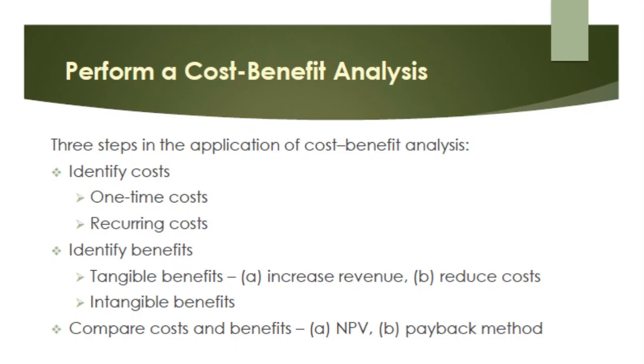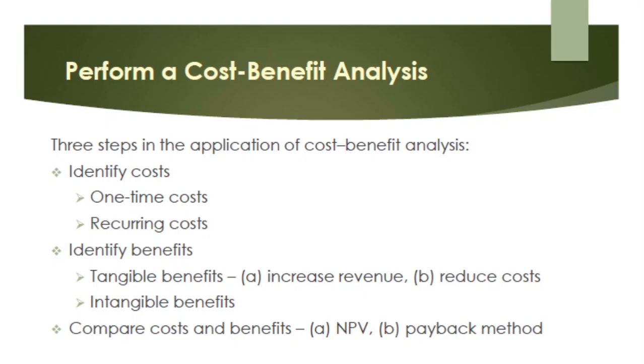And the last step is comparing cost and benefit. There are two methods in evaluating the costs and benefits. Again, these are financial methods, Tanisha. You have the NPV and your payback method, which I know are not new to you because we've already discussed this in your finance subject.